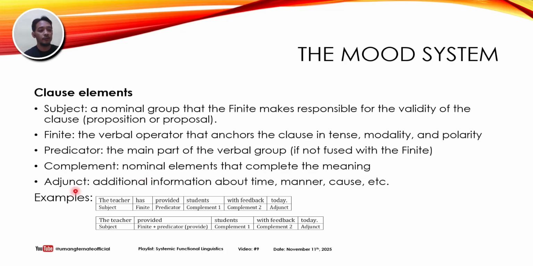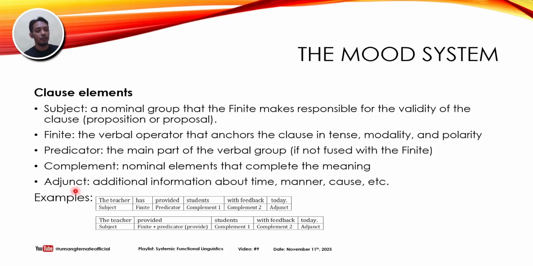And then adjunct. In experiential meaning, or in the transitivity system, we can consider adjunct as the circumstance. So what the adjunct does in the clause is that it provides additional information about time, manner, cause, extent, degree, and so on and so forth.